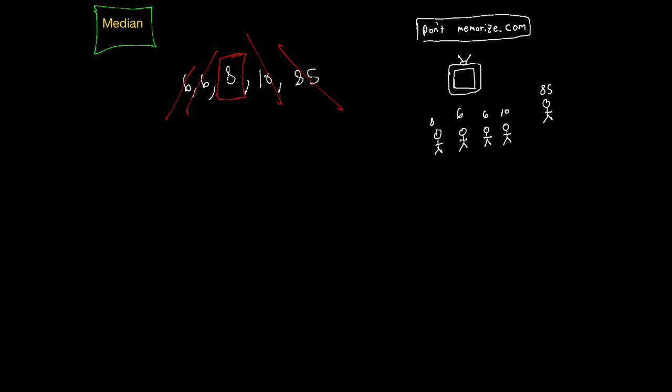Although we have a very, very skewed value here of 85, this 8 still is able to capture the attention of these 3 other people involved. Choosing programming that is targeted for an 8-year-old is going to help us choose a show that will be the most appealing to the viewers we have here.